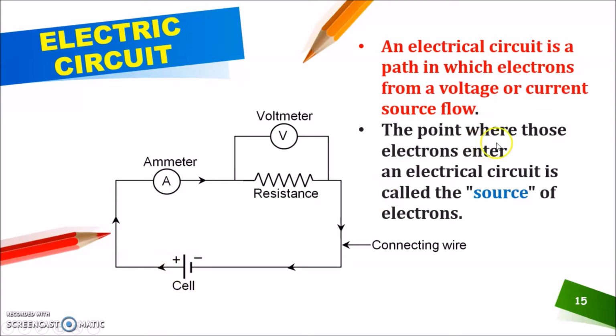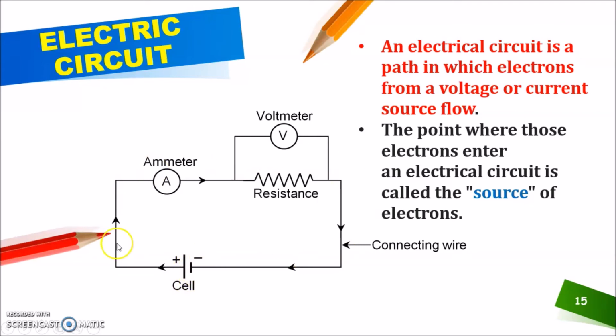The point where those electrons enter an electric circuit is called source. This is the positive terminal and this is the negative terminal. So electrons can enter this circuit from this point, from this terminal. Is it clear? So this is the positive terminal or higher potential, and this is the negative terminal or lower potential.